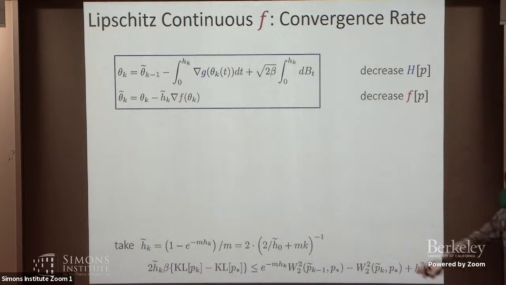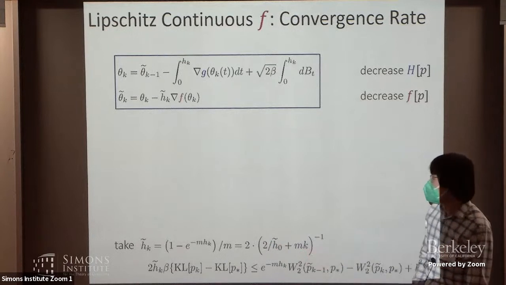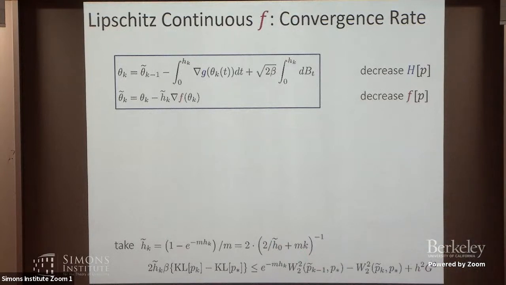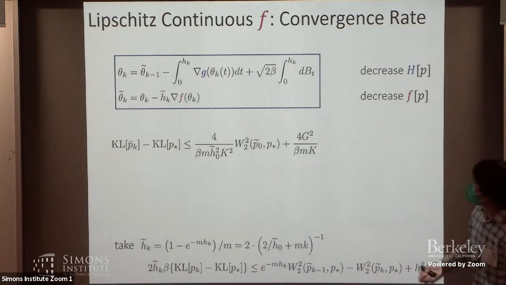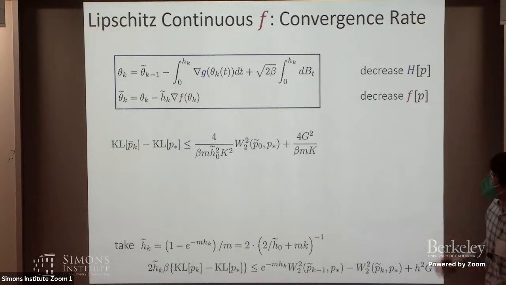And by taking this step size h to be 1 over m k, then we get the classical optimization result that is g squared over m over beta m, and beta is 1 over m.